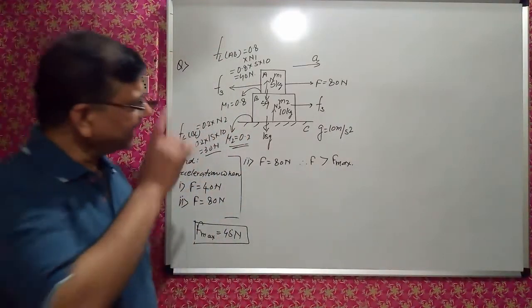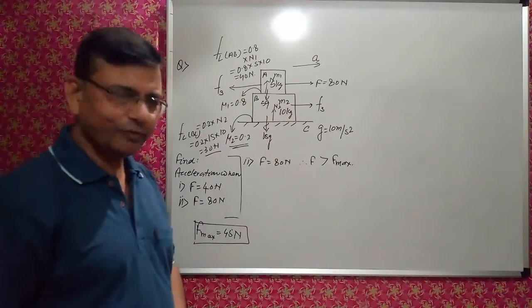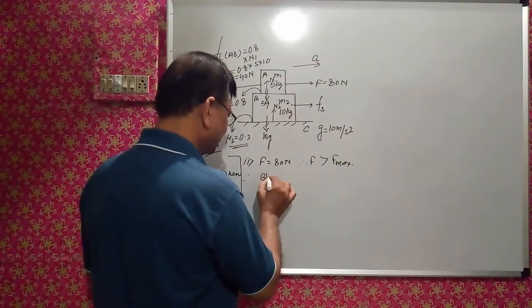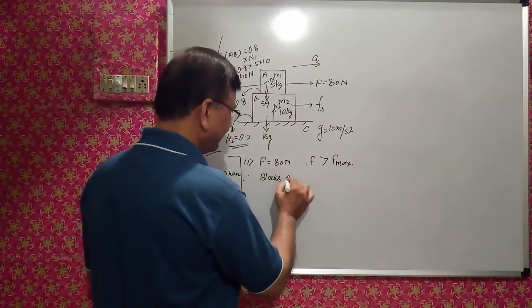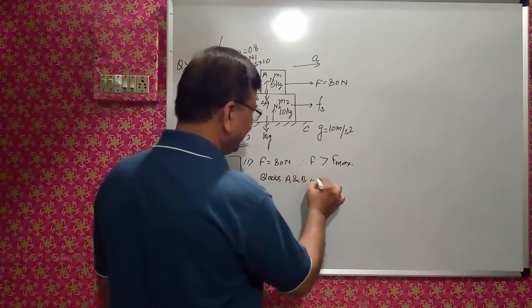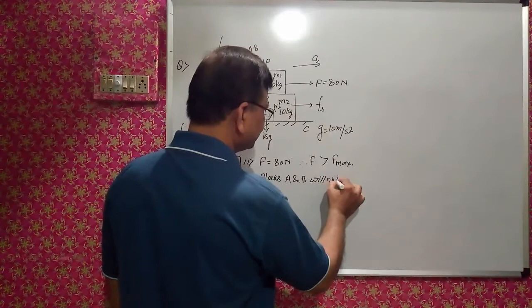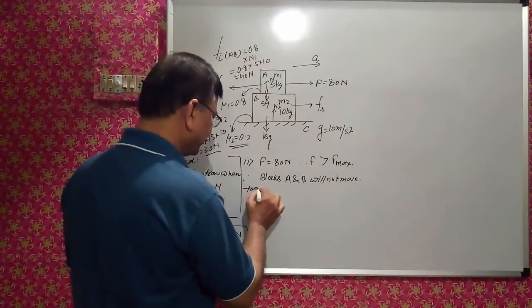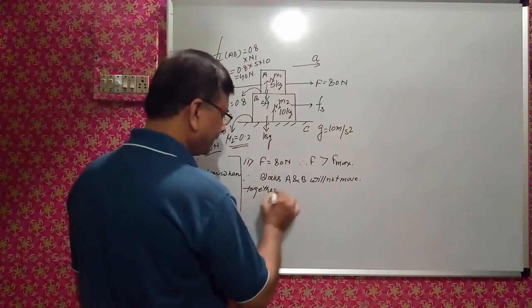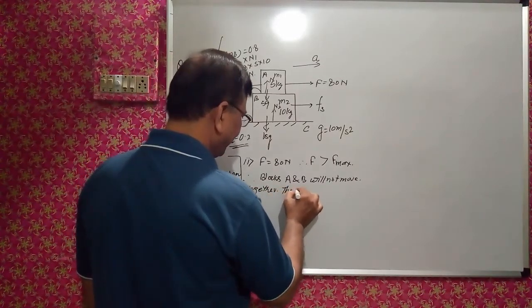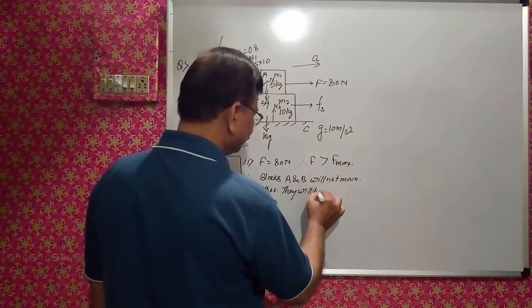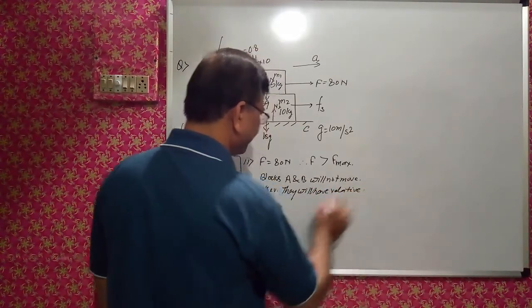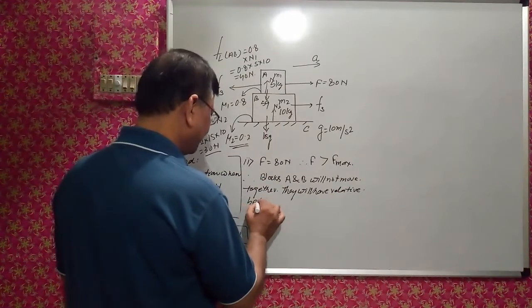It means A and B will not move together. Therefore, blocks A and B will not move together. They will have relative motion between them.